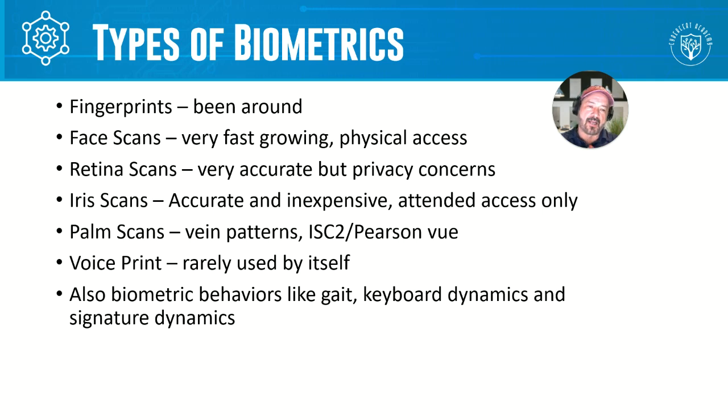Voice print: I actually have a bank that uses voice print to authenticate. It is never used by itself as an authentication method. It's a secondary authentication, because we're not far away from being able to mimic anybody's voice. There are also biometric behaviors like gait and keyboard dynamics.